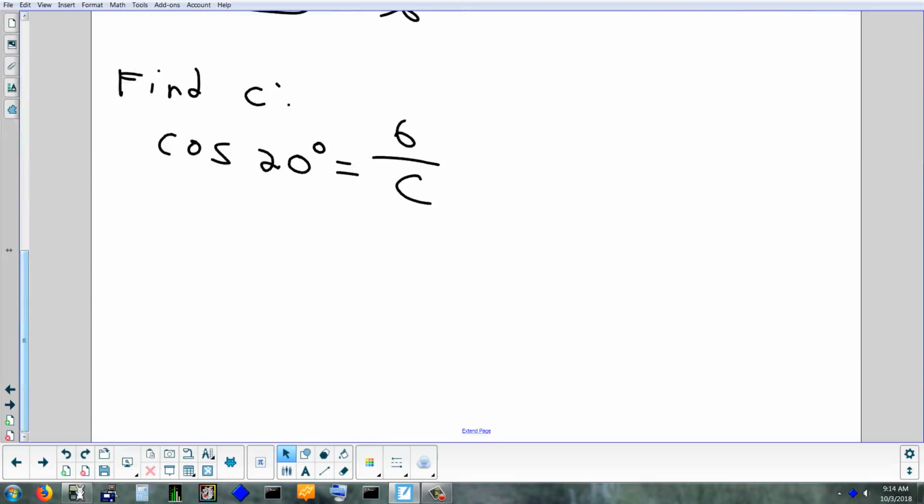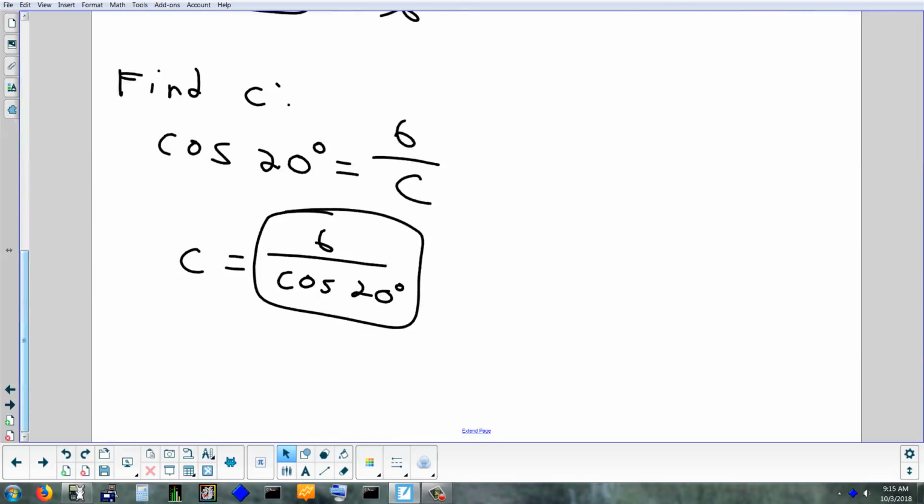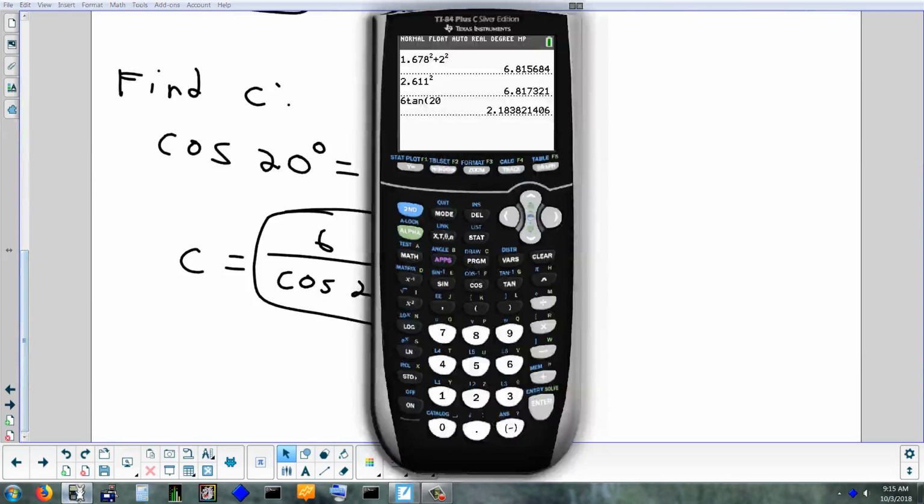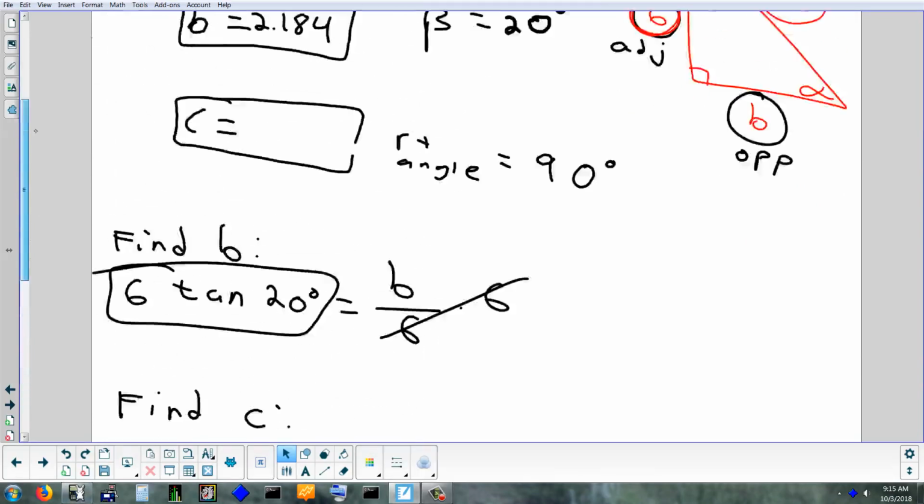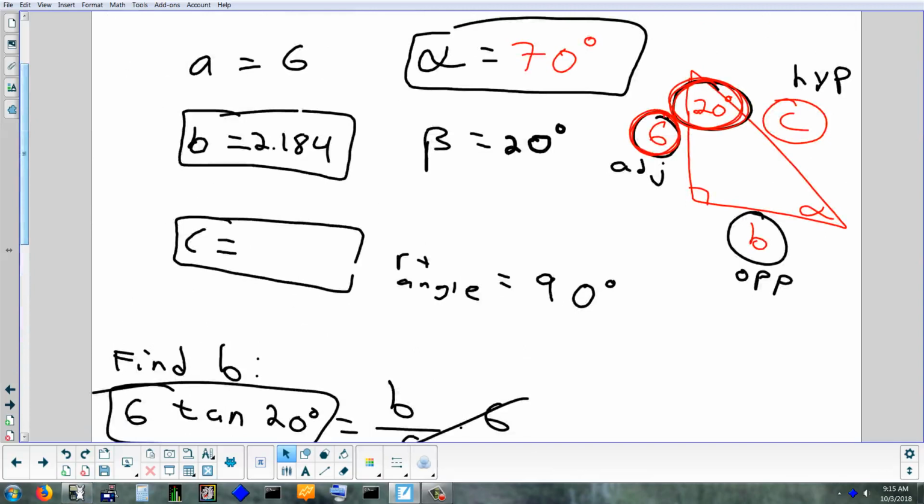If you want to go through it the way we did the first time, you can also do that. But if you do it correctly, you're just going to end up with that. Any questions on that? Okay, so let's type that in and see what we got. Actually, before I type it in, I can tell you that it has to be the biggest side, so it's got to be bigger than 6. If I get an answer smaller than 6, something's wrong.